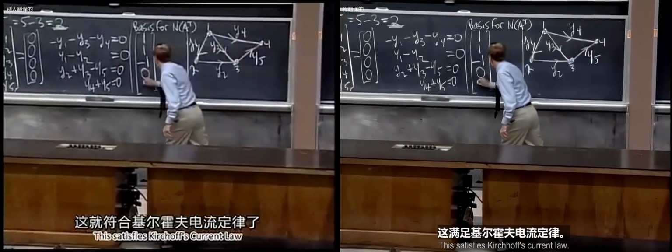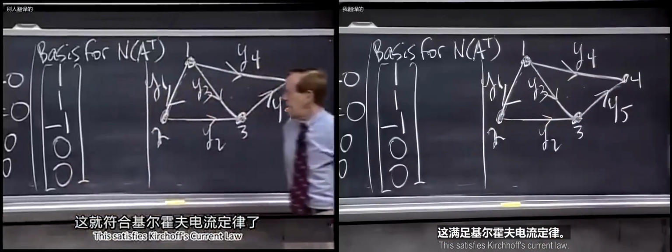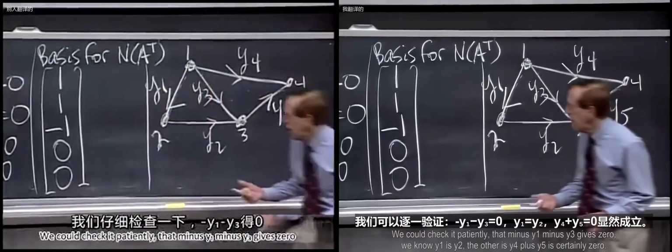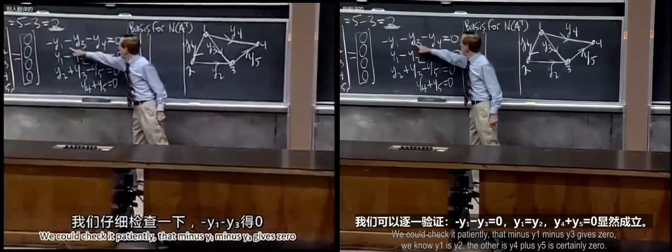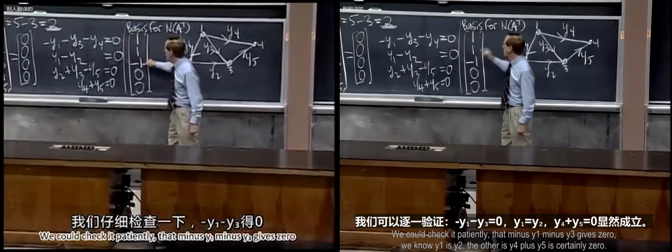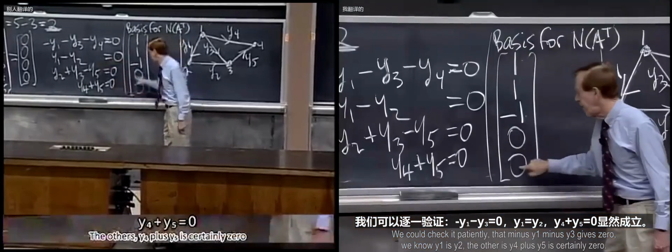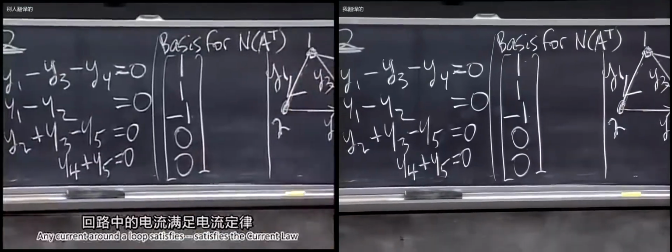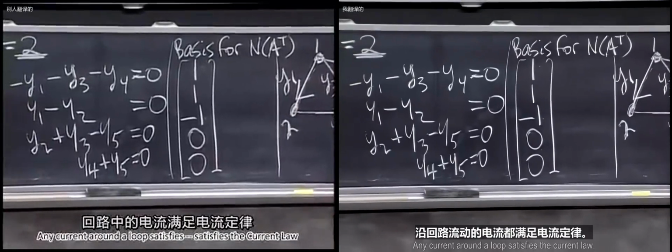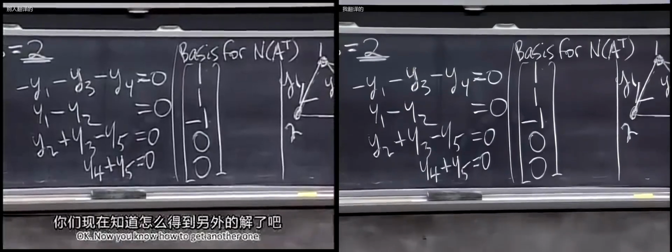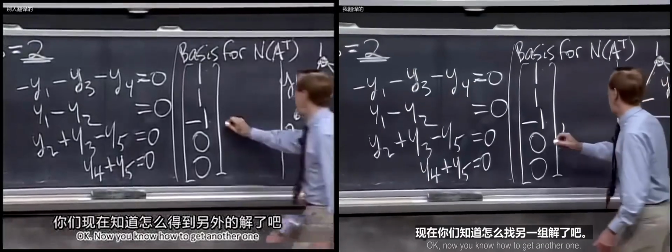This satisfies Kirchhoff's current law. We could check it patiently: minus Y1 minus Y3 gives 0. We know Y1 is Y2. The other is Y4 plus Y5, which is certainly 0. Any current around a loop satisfies the current law. Okay, now you know how to get another one.